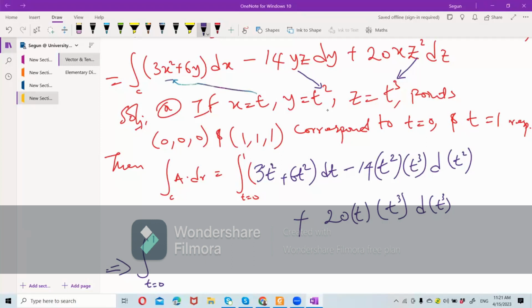You have 9t squared dt. You can't use dt for all of them because each of them has a different t: y is t squared, z is t cubed, so you handle it the way it is. Plus, or this is minus. Now, you have to be careful here too.